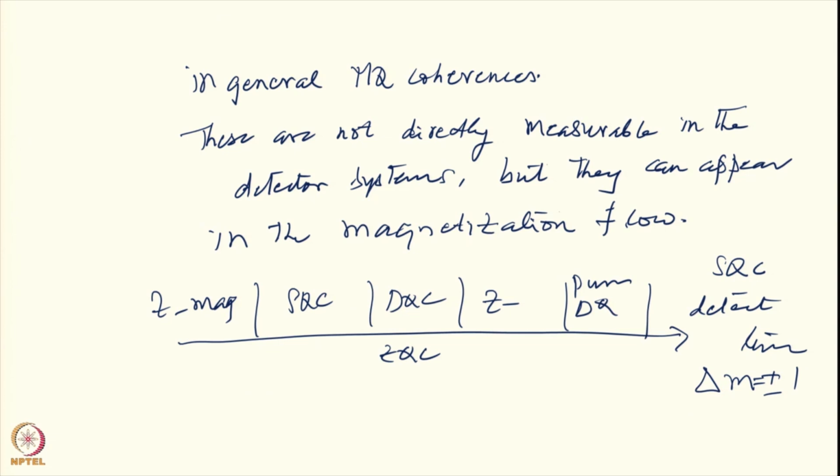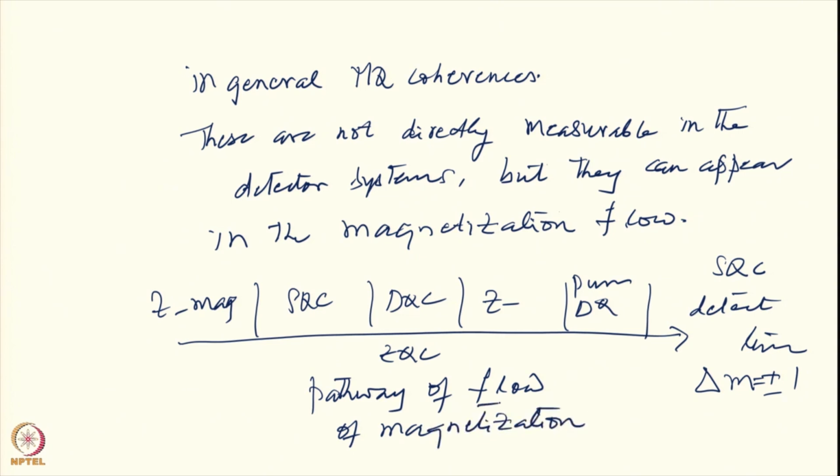So, this actually represents the pathway of flow of magnetization. One can design various kinds of experiments based on what you want to have in a particular time period.